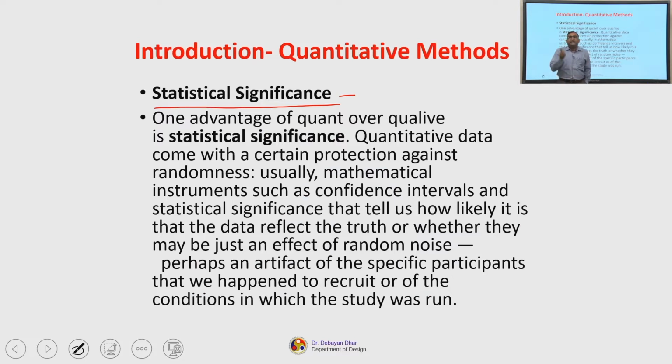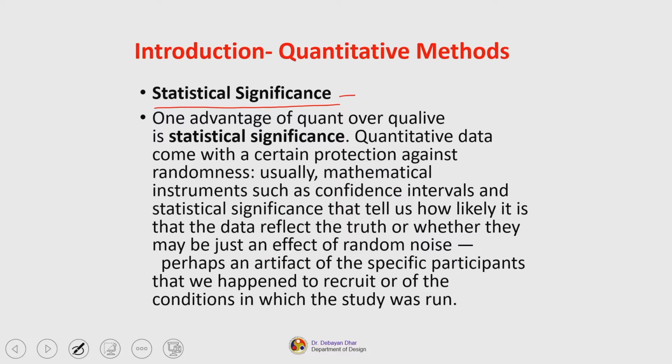Another important aspect of quantitative data is statistical significance. This is a very important term. We will discuss it in detail in our subsequent modules, but in research, or in UX research, this is a very important parameter. Why?